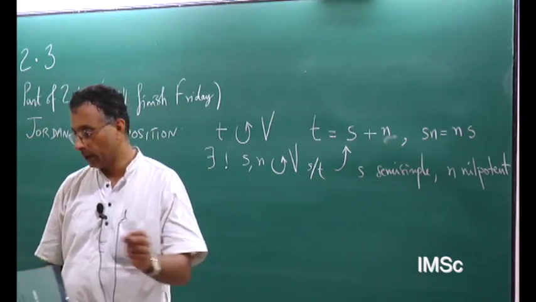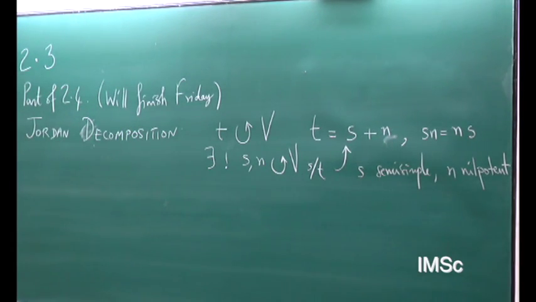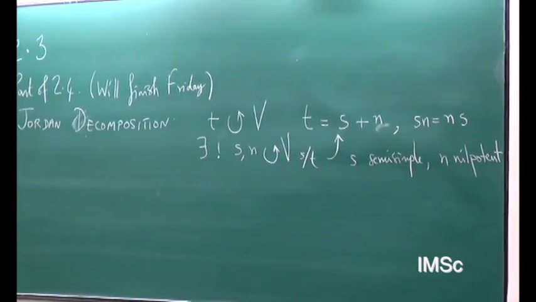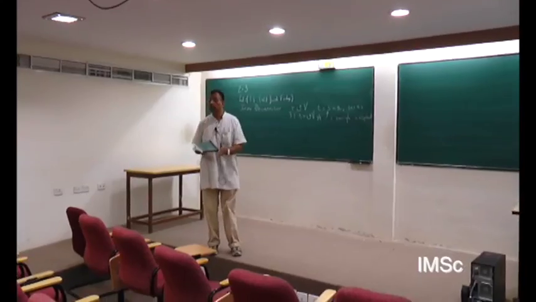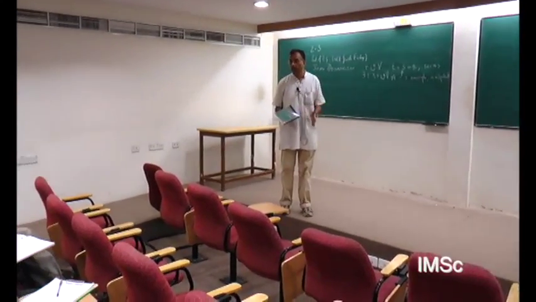That's an easy thing to see, because to say that something is nilpotent is equivalent to saying its characteristic polynomial is t to the n, where n is the dimension of V.